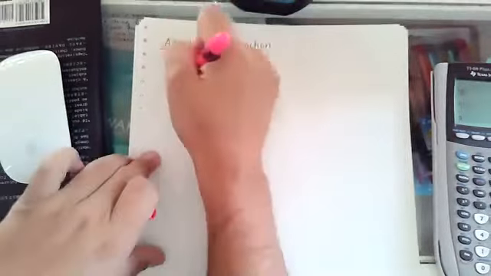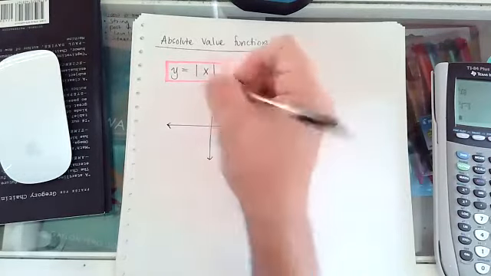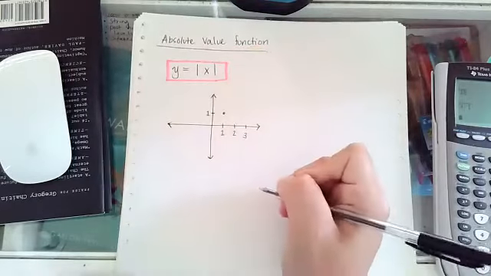So what you see when you start throwing inputs into this particular function, if you put the input of 1 in there, or 2 in there, or 3 in there, well, what is the absolute value of 1? It should just be positive 1, right? So I can go over here and say this is positive 1 right there.